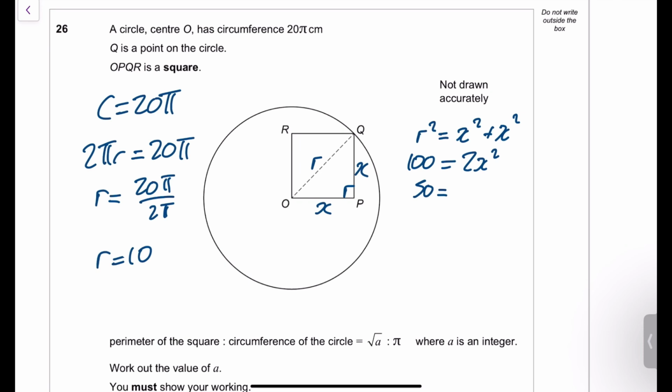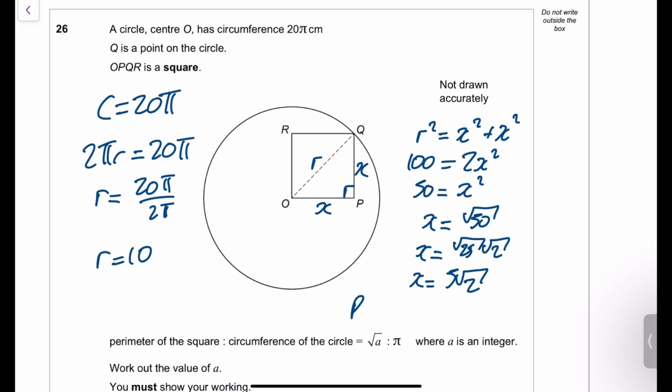So we could say 50 is equal to just x squared. So x is equal to the square root of 50. I could write that as the square root of 25 times the square root of 2. So x is equal to 5 root 2. So that's the length of one side.